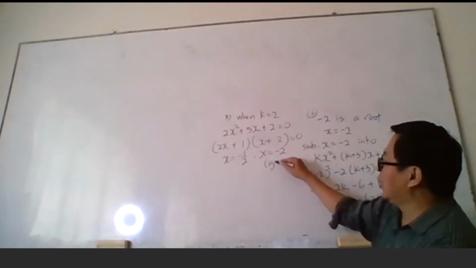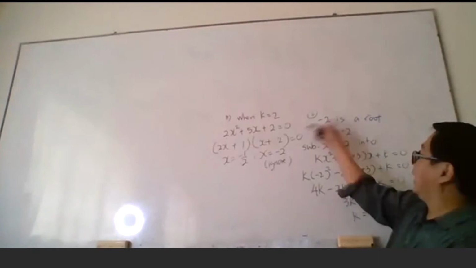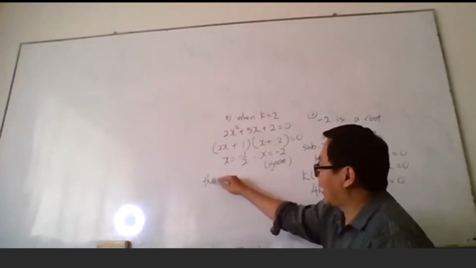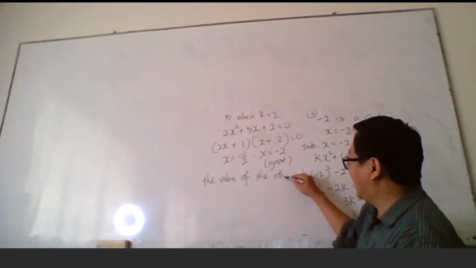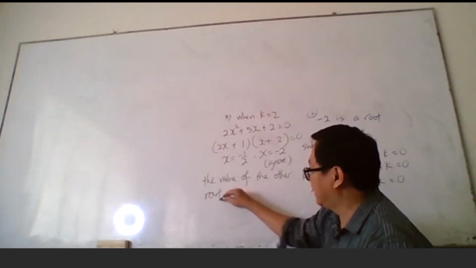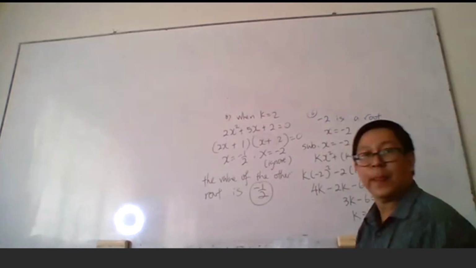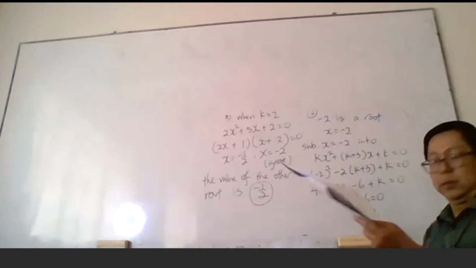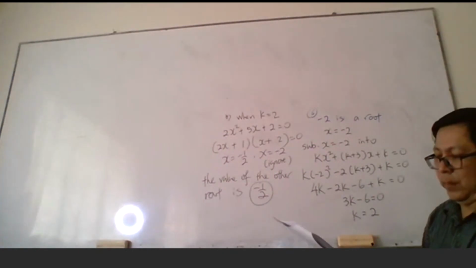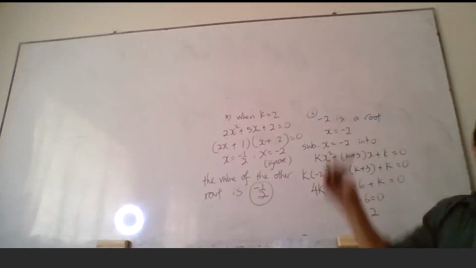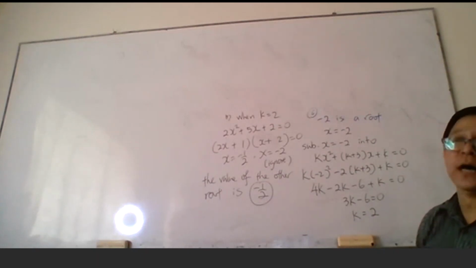I can just ignore this, because in the question negative 2 is a root, and I answer the value of the other root, which is negative 1 over 2. Okay? If you're okay with question number 6, then I will show you question number 7.